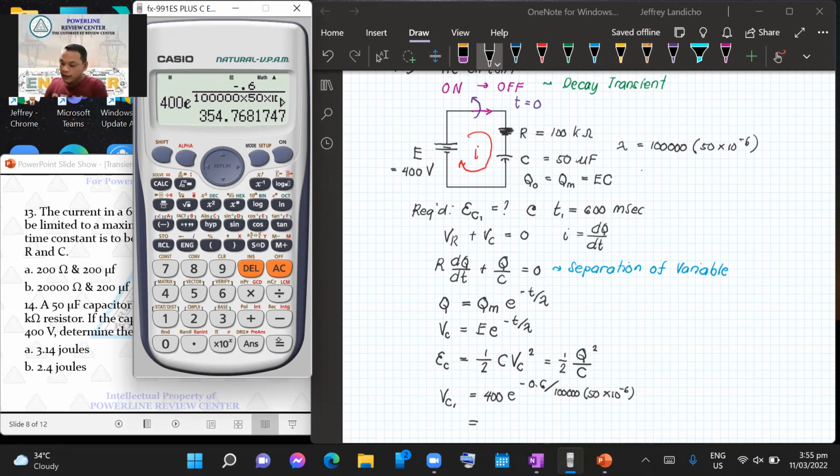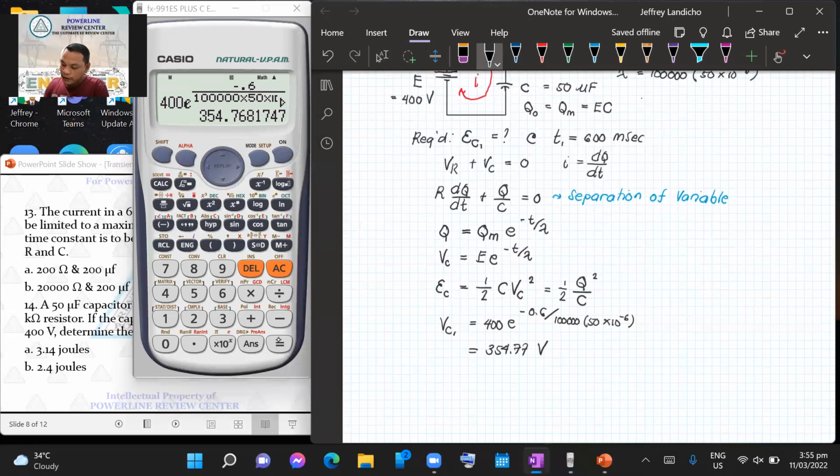So ilan na lang siya? So nabawasan na yan. So 354.77 volts na lang.